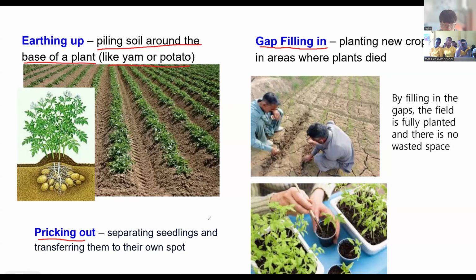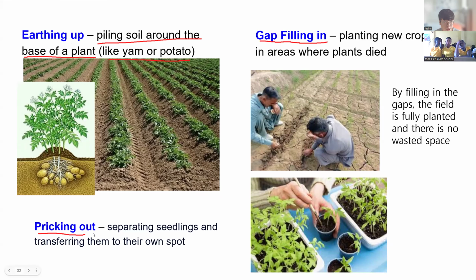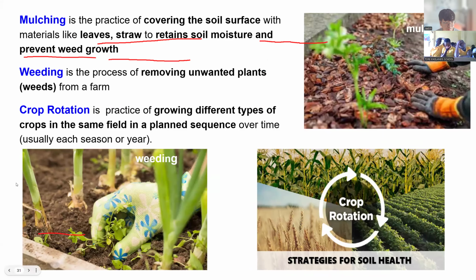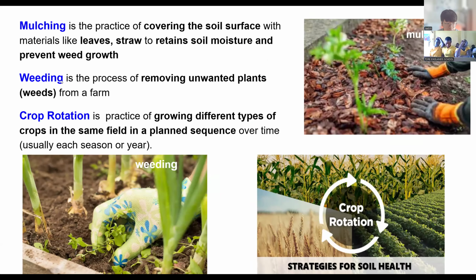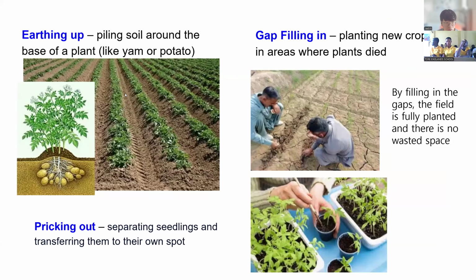And these are all cultural practices in crop production. Let me go over all of these: mulching, weeding, crop rotation, pruning, earthing up, gap filling, and pricking out are all examples of cultural practices of crop production.